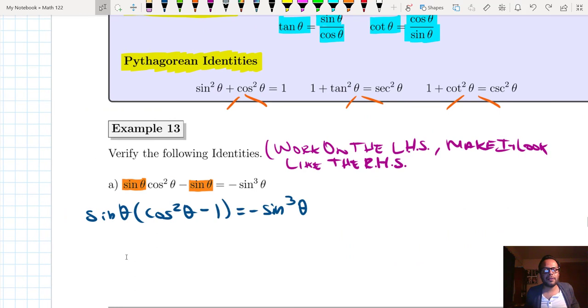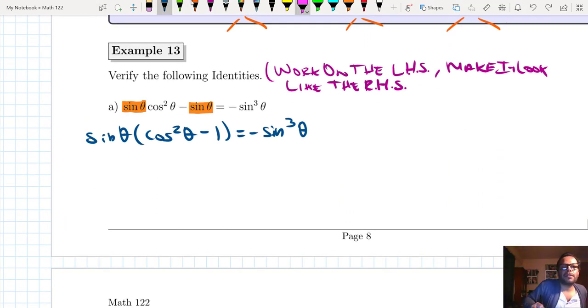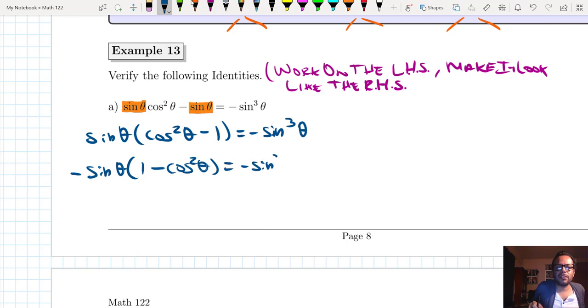I'm going to factor out a negative sign, and I will reverse the order of these two guys. 1 minus cosine squared theta equals negative sine cubed theta. Okay?